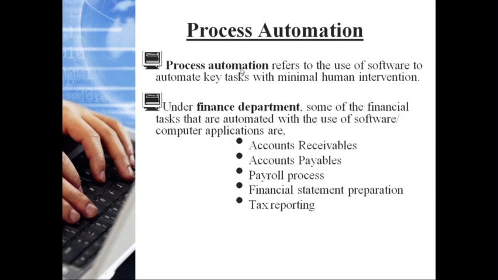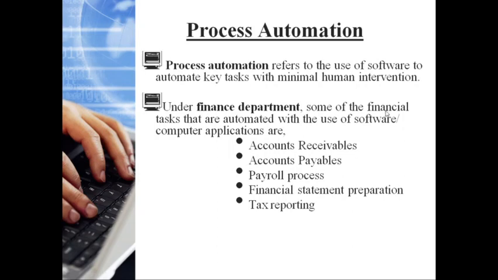So process automation is wherein software is used and a key task is done or completed automatically with minimal or no human intervention. When I talk about process automation, this focuses on the finance department, the accounts department.